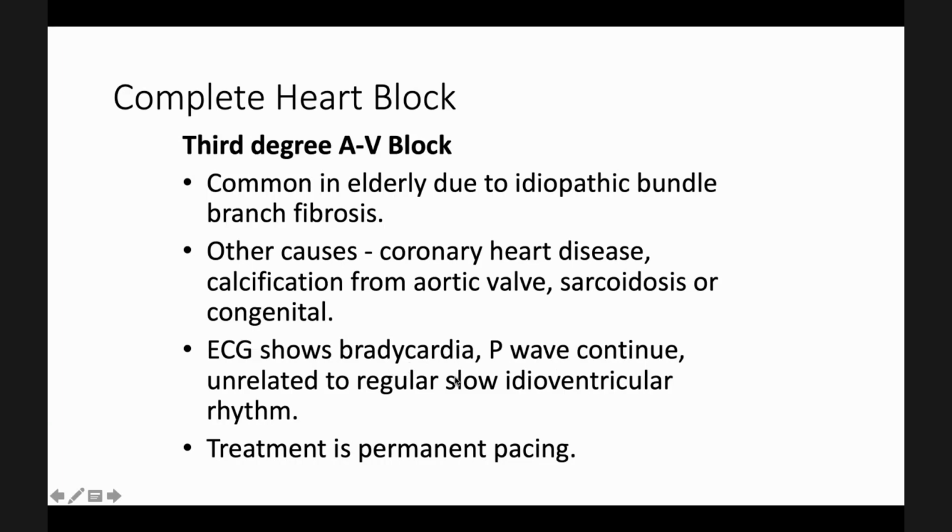Remember the complete heart block, congenital as well. How do you diagnose usually? The P's and QRS, there's no association between each other. So P's have their own rate and the QRS has its own rate. There's complete dissociation. So that's how you diagnose, and usually there's a bradycardia as well.